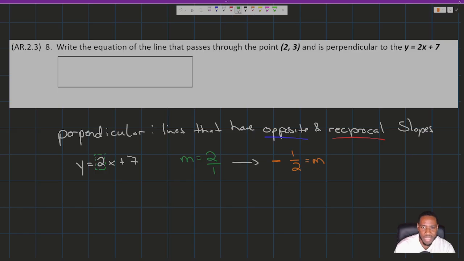Now they also say that it has to pass through this x and y value, (2, 3). And so it makes sense to write the equation in point slope form, which looks like this. All right. So we're going to go ahead and write that.